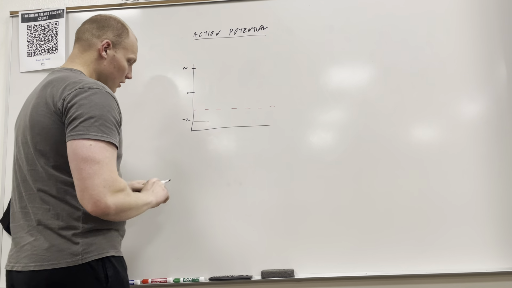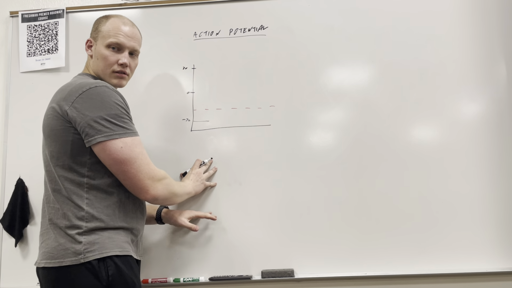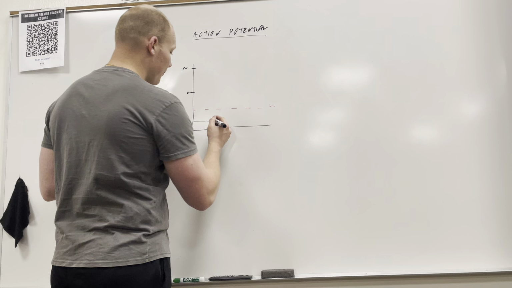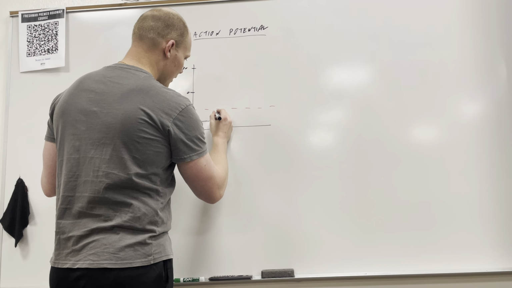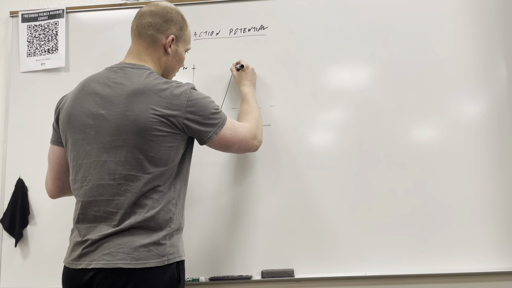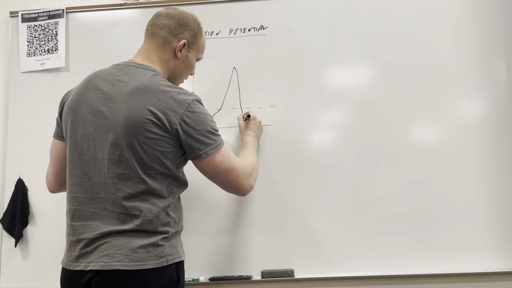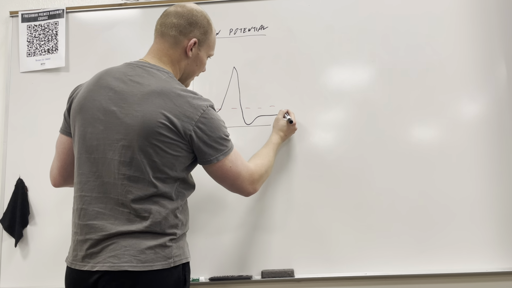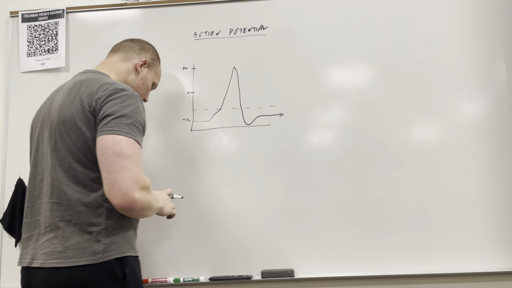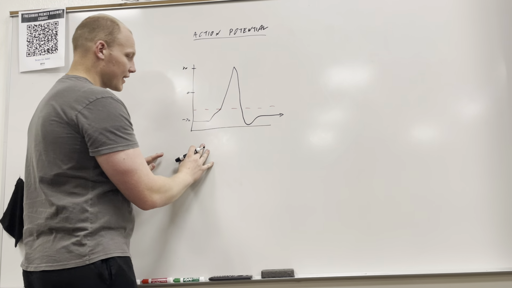So if that stimulus depolarizes the cell, it's going to start moving up. Then once it hits this red line, we're going to see it peak, come back down, and then do that. So this is an action potential.